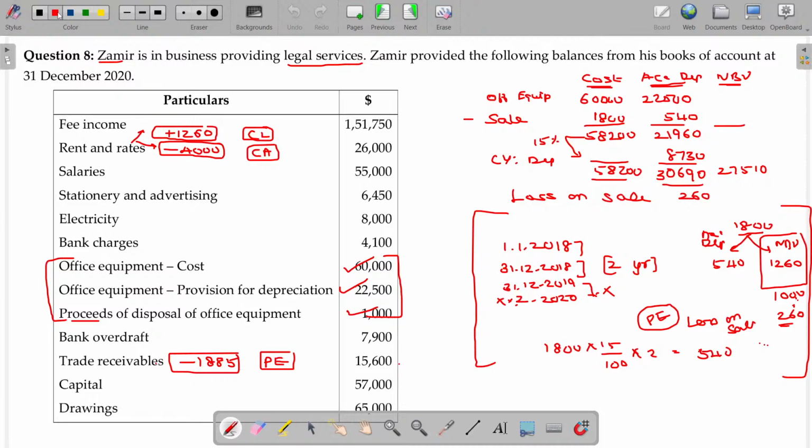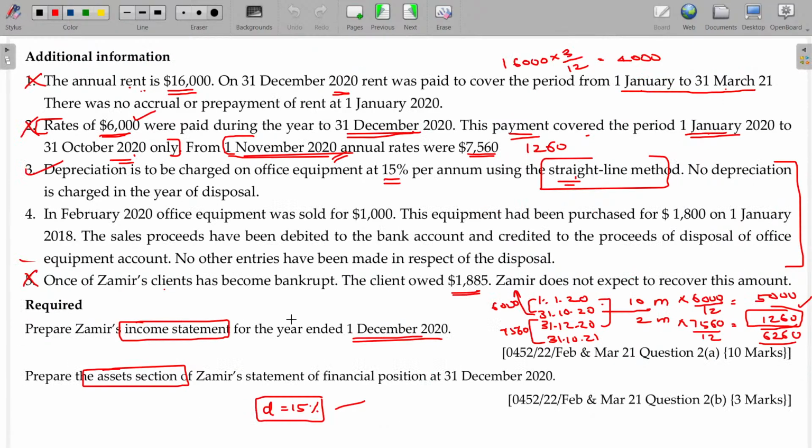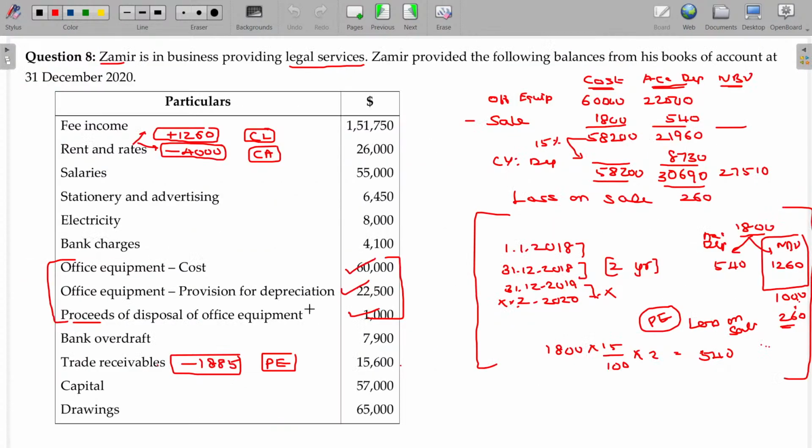Okay. See, you raise the question, why do we cancel the proceeds of disposal of office equipment? Let me explain. What is the journal you usually pass while selling the asset? Bank account, usually you debit, and the asset account should be credited.